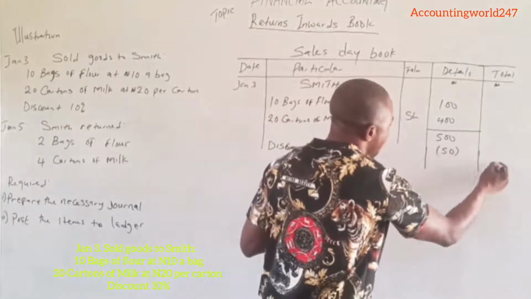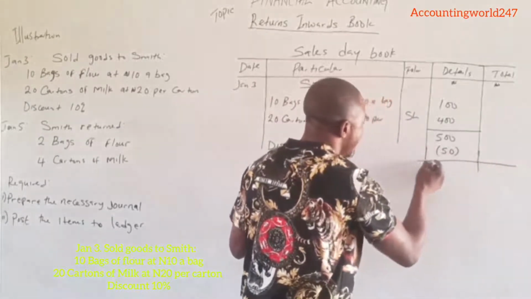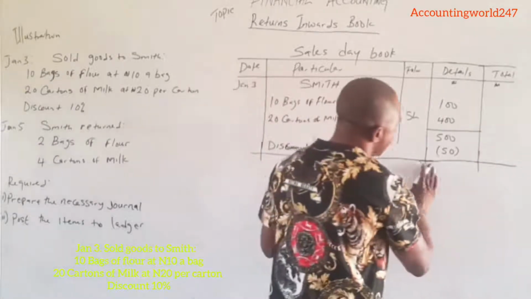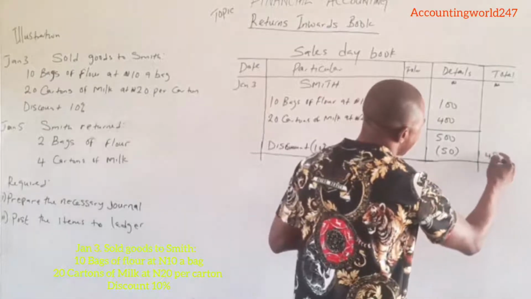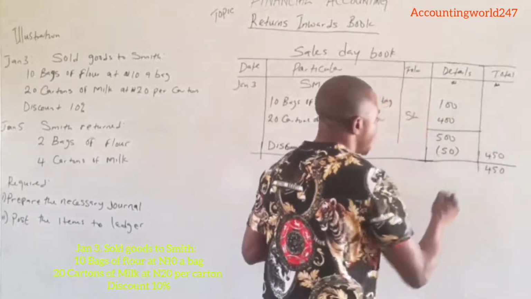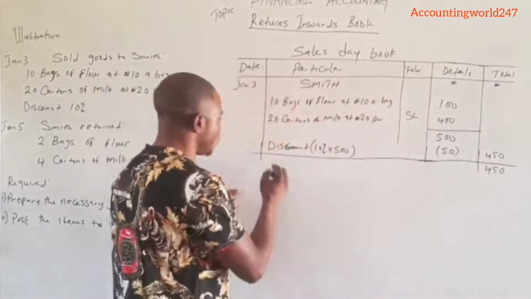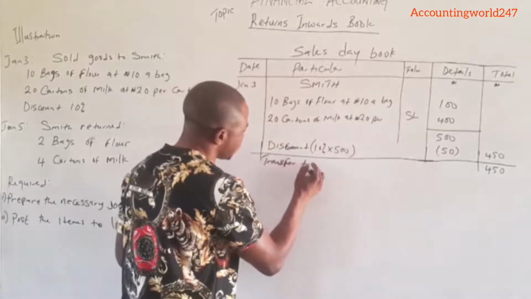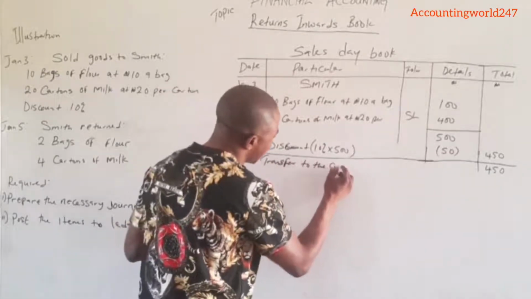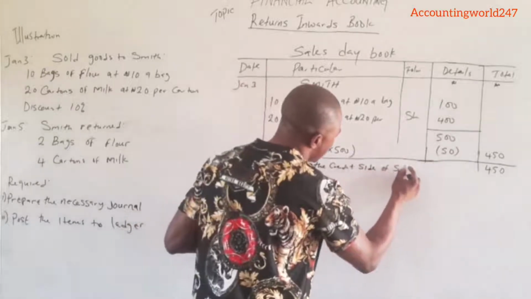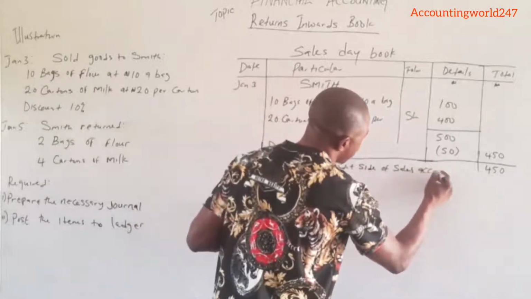So now we're going to close the accounts for that day. Now we have 450 naira, and this 450 naira will be transferred to the credit side of the sales account. So we write transfer to the credit side of sales accounts.